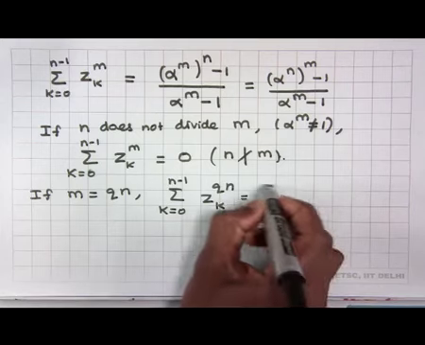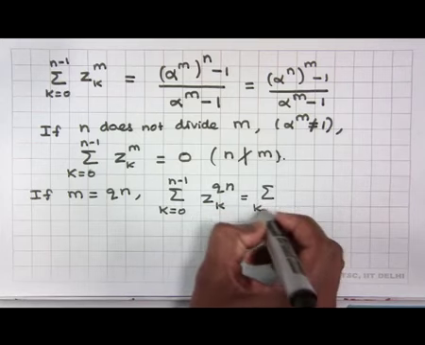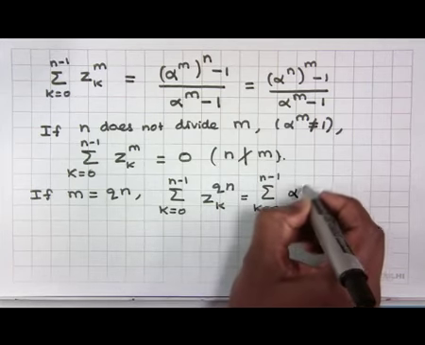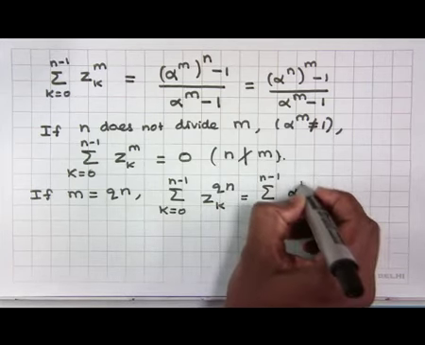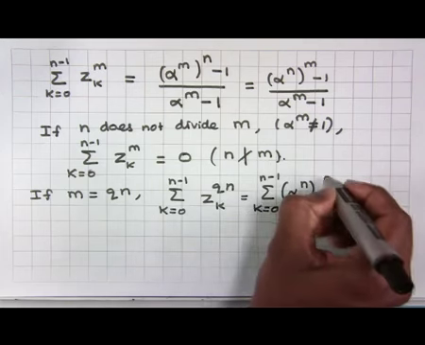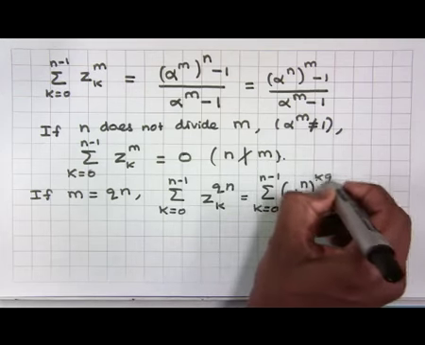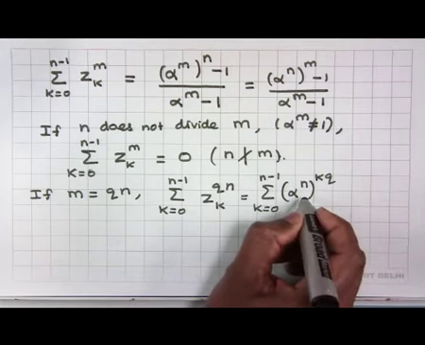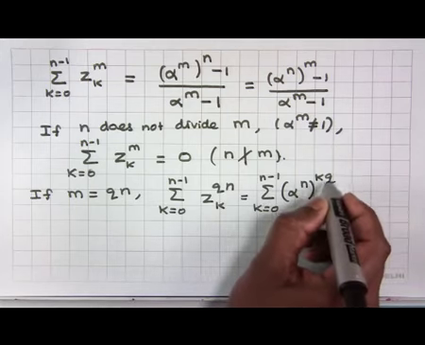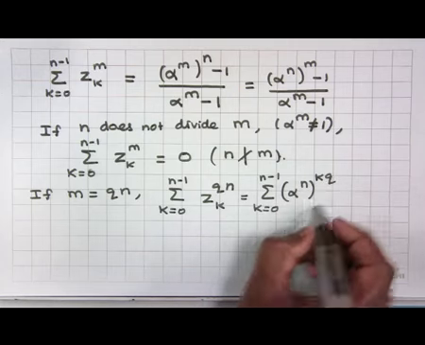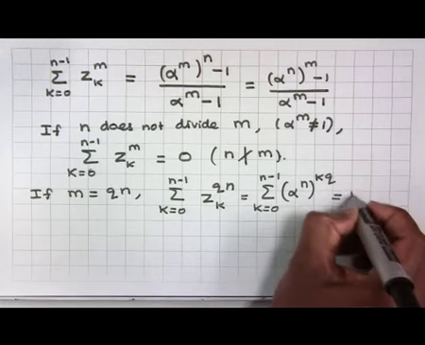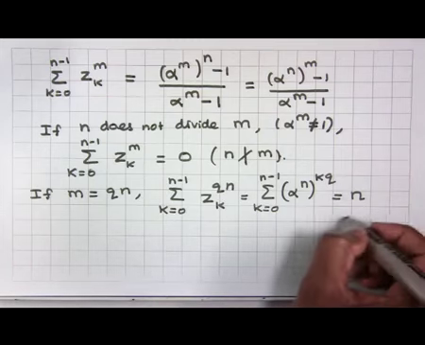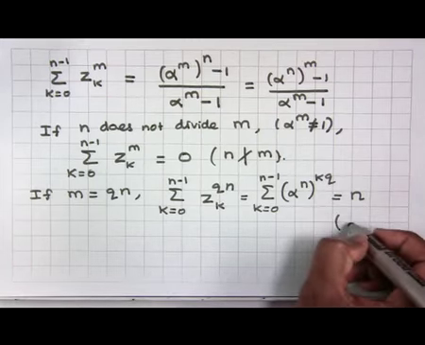So, this can be rewritten as alpha power k, and here it is k q, and we easily see that this term is 1, and again if you raise it to the power k q, it is again 1. The sum value is n if m is a multiple of n.